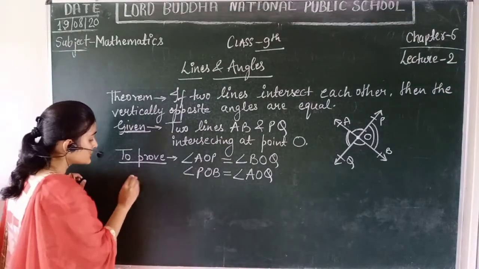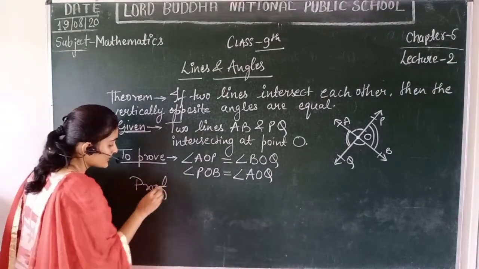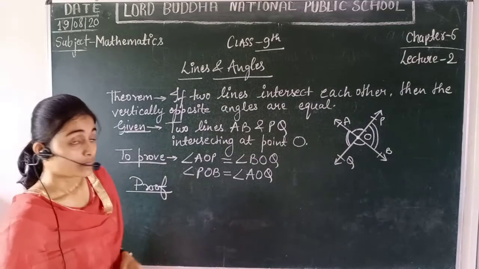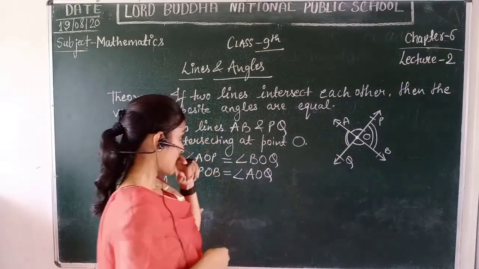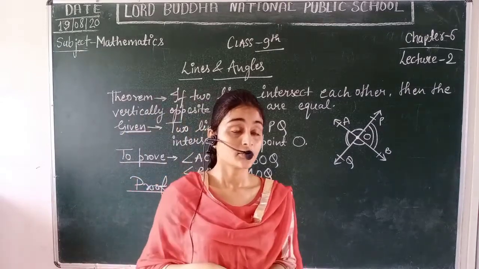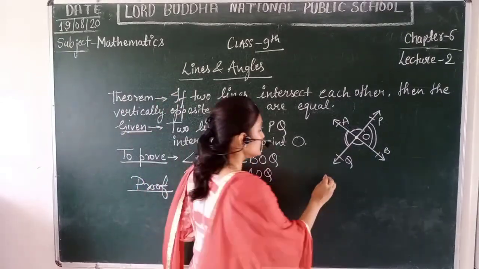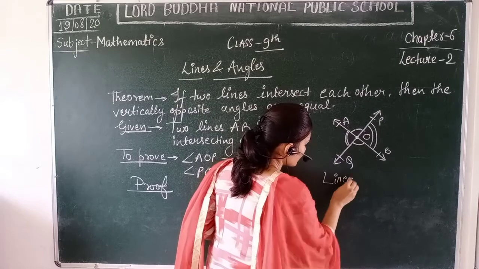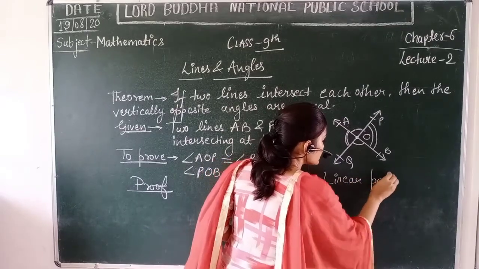Now we'll start proving the theorem. Next item is your proof. You have to prove it. So how will you prove it? If you remember, in the last lecture, we have learned about linear pairs. What are linear pairs?